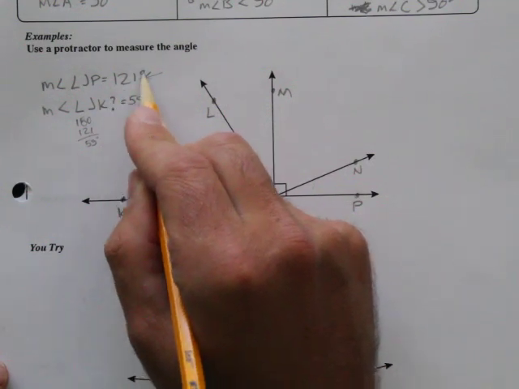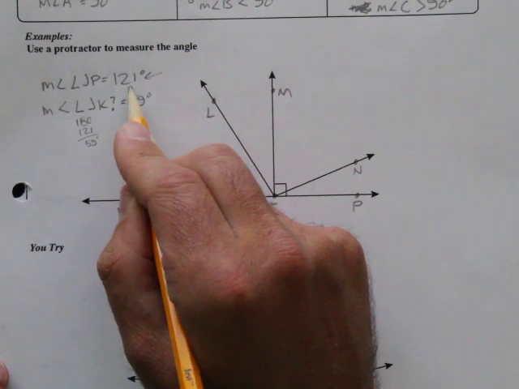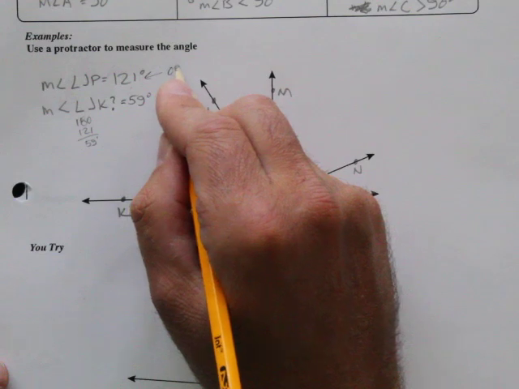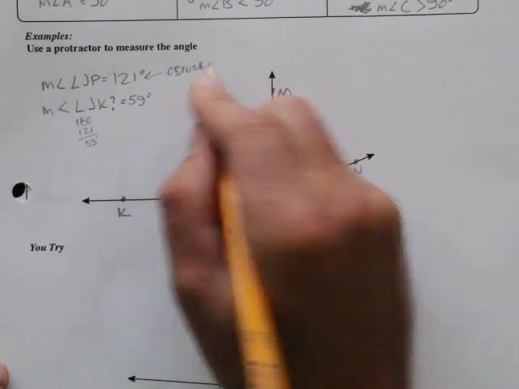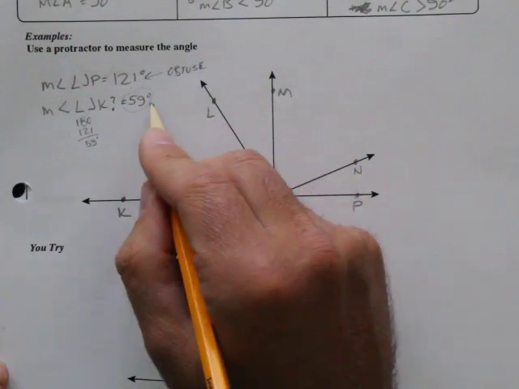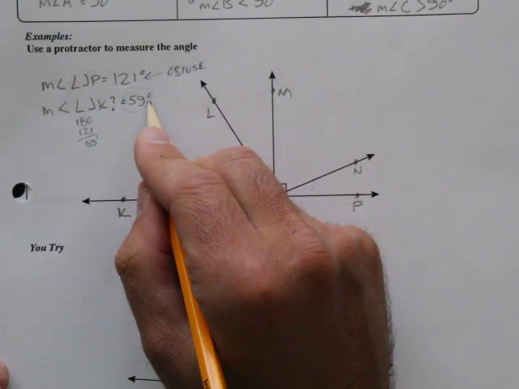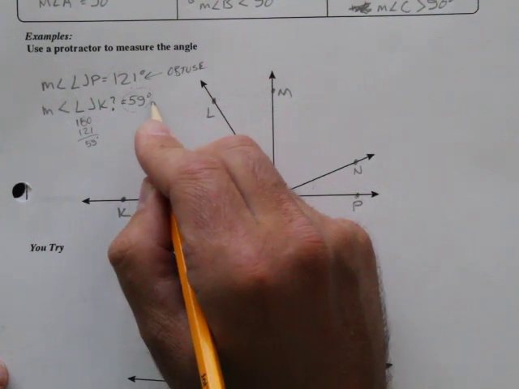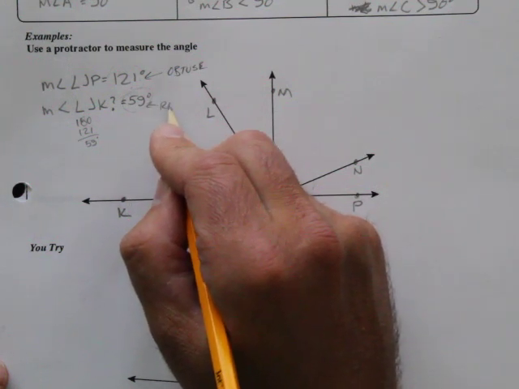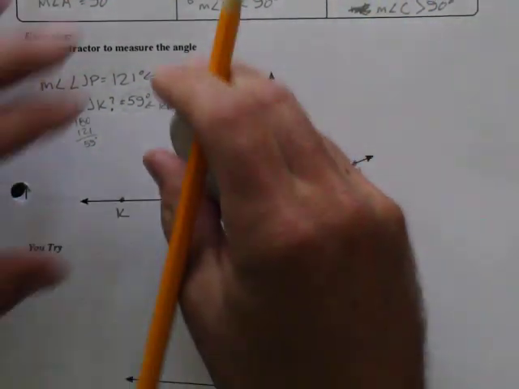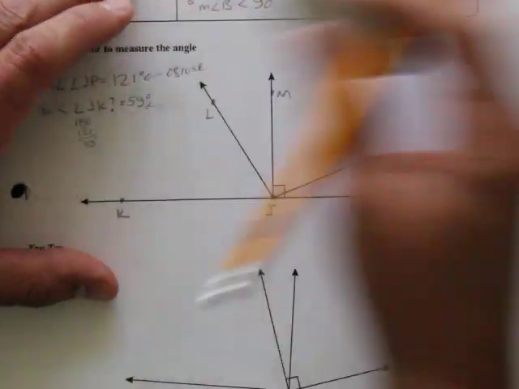I look at this angle, and this is greater than 90 degrees, so I know that this is obtuse. Now this angle here, this 59 degrees, is this obtuse or acute or right? This one is less than 90 degrees, so this is acute.